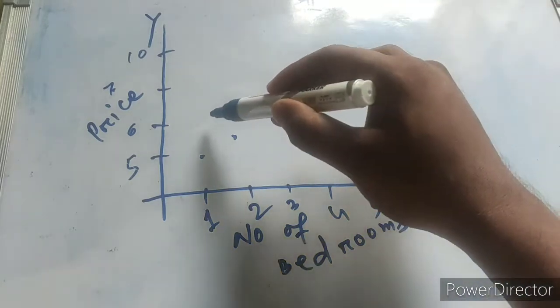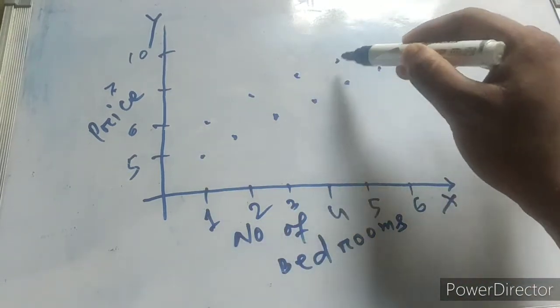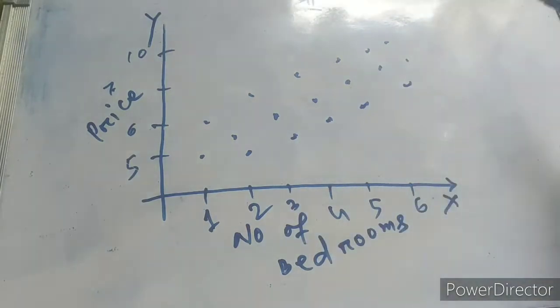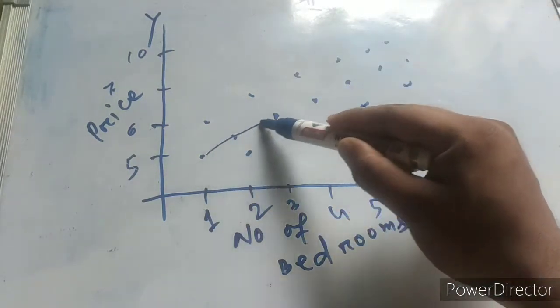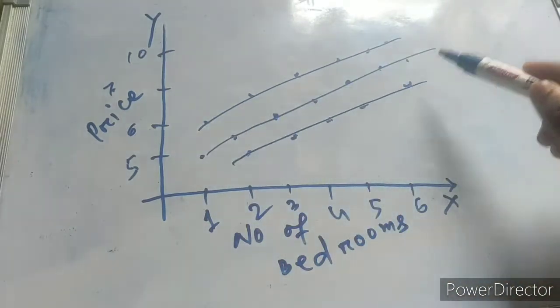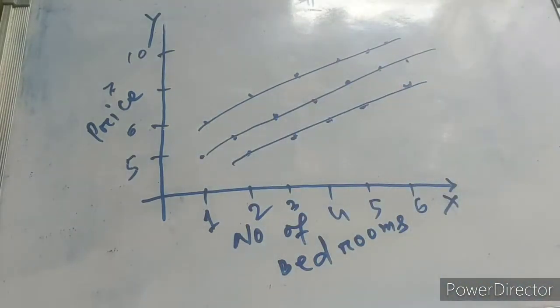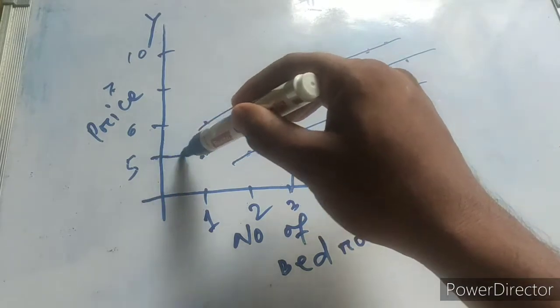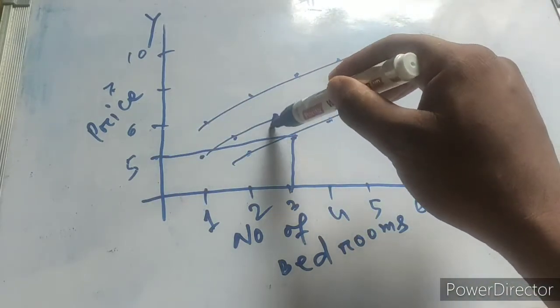The graph can appear something like this. So simply we can see here that a kind of linear equation can be applied based on the graph which is appearing. So for 3 BHK we can calculate something like this.